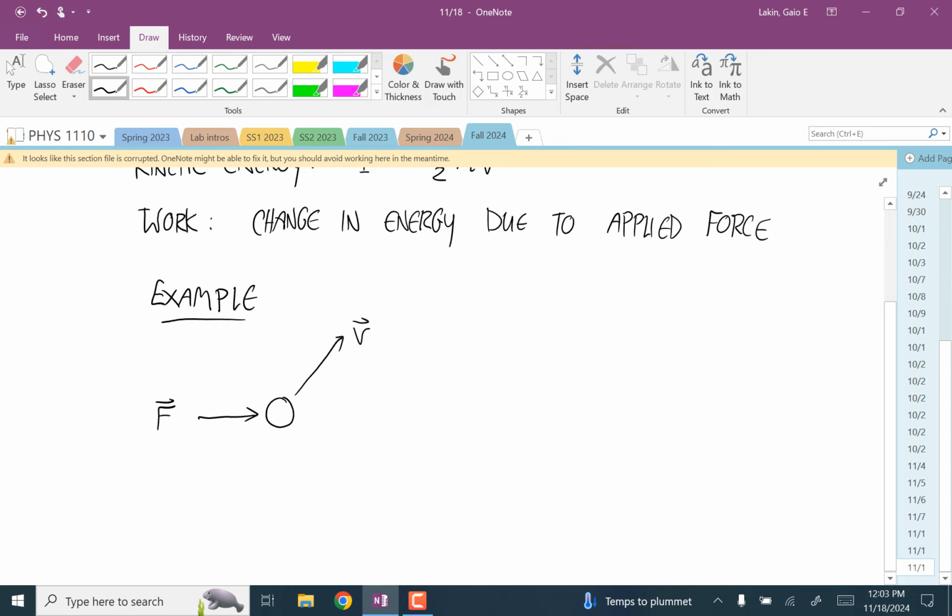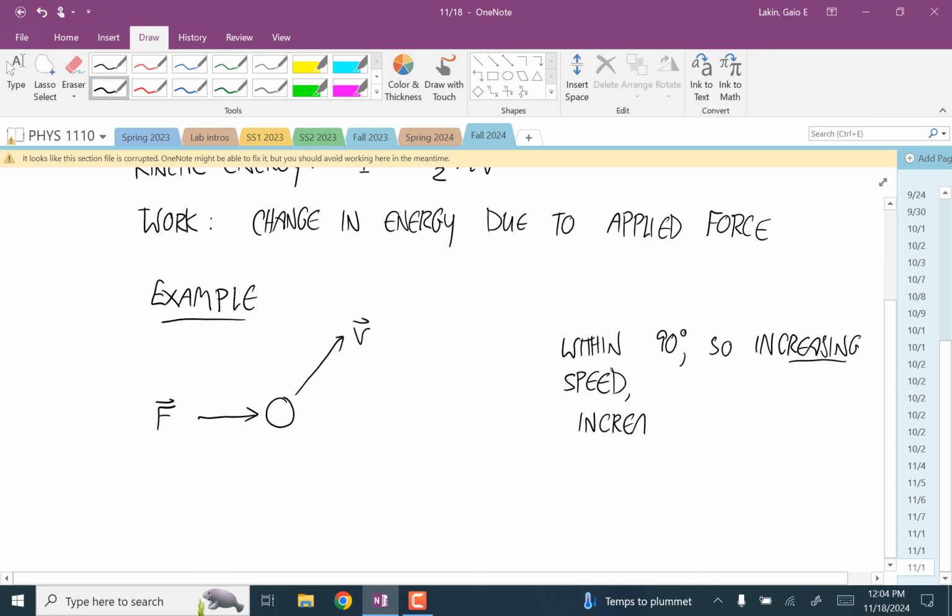It's going to increase because these are within 90 degrees of each other. So this is increasing the speed, and therefore it's increasing the kinetic energy.